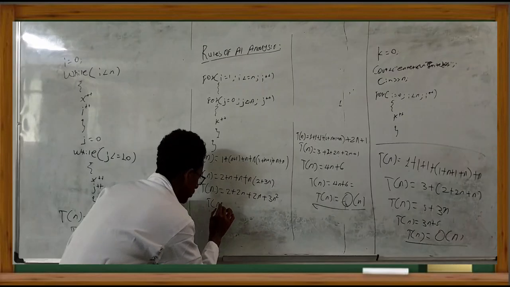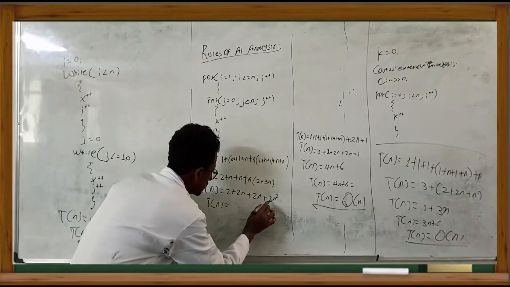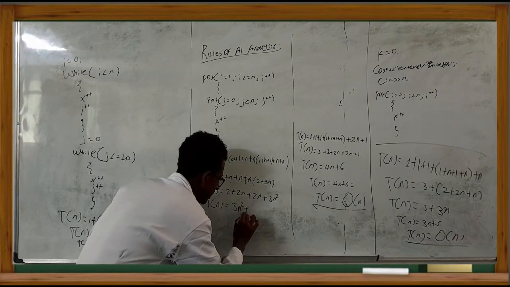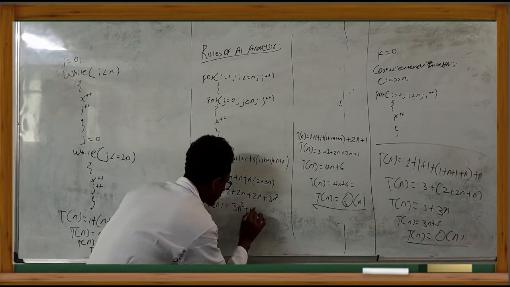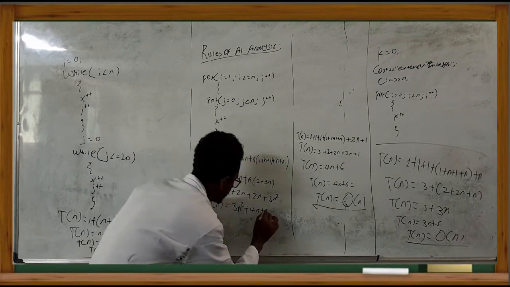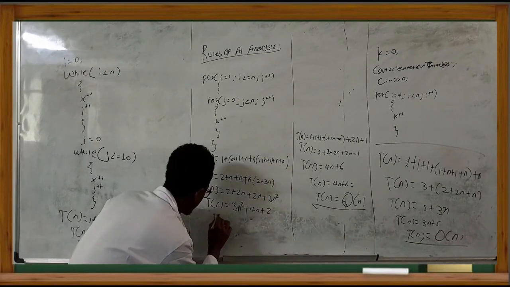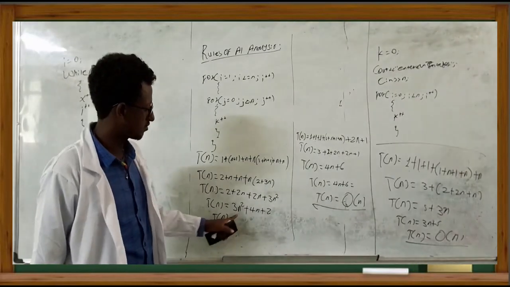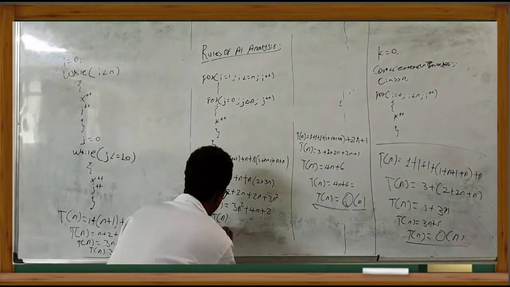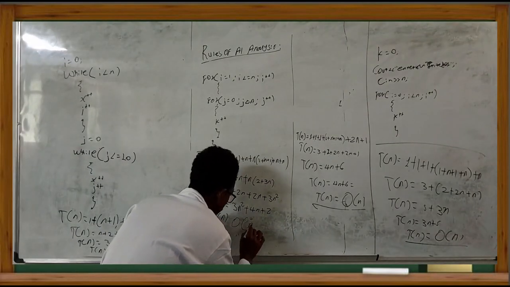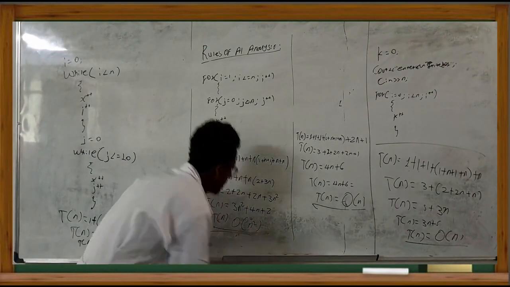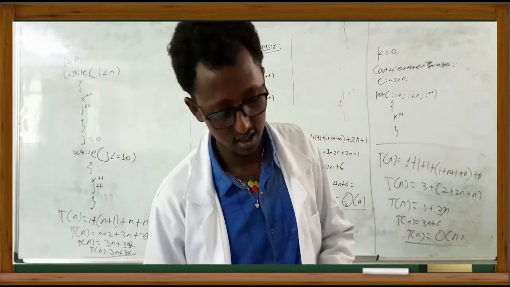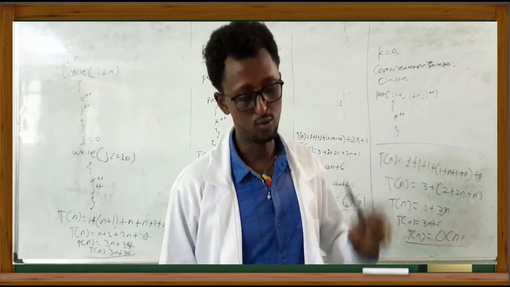T of n is equal to 3n square, the largest exponent, 3n square plus 2n plus 1 for n plus 2. Then T of n depends on the largest exponent of the equation. So T of n is equal to big O of n square. This is how to compute the time complexity of your nested for loop algorithm.